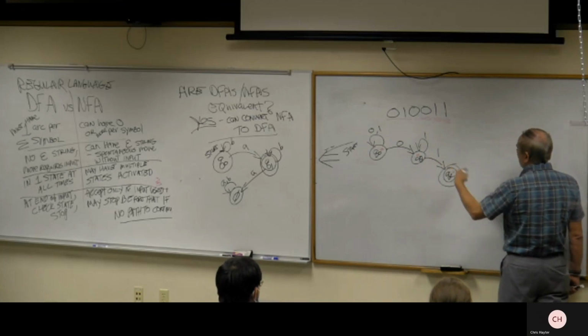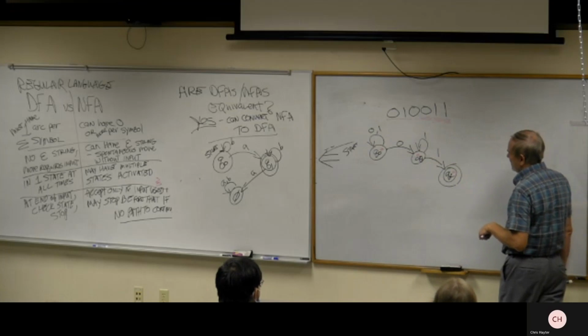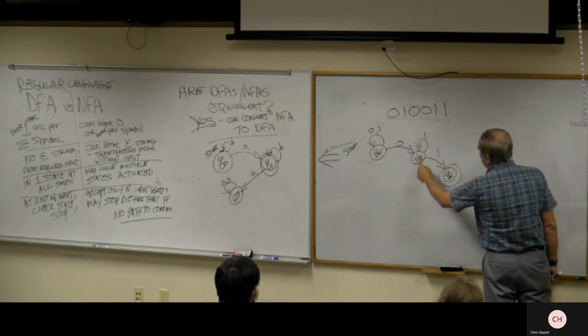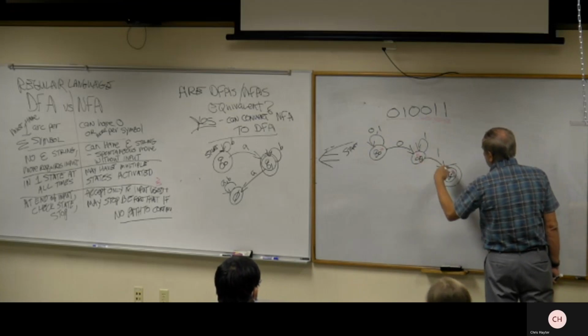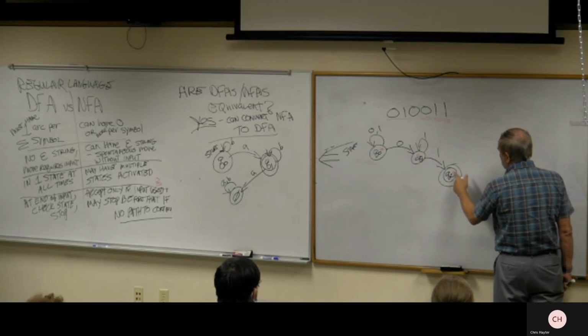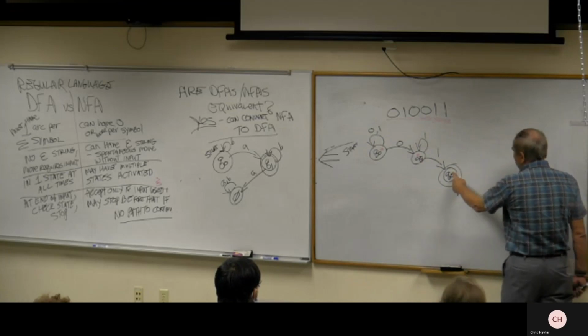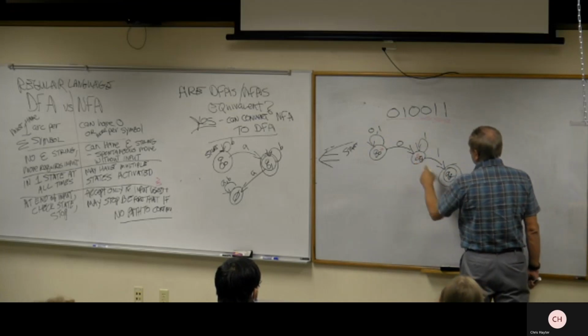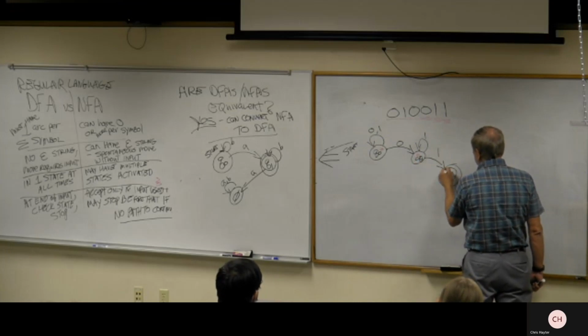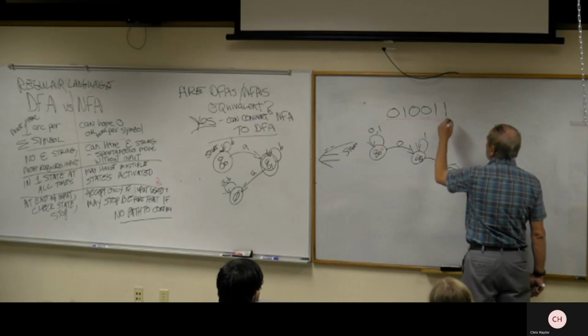So he would get turned off initially, and then when Q1 sees the 1, it can go there, activates itself, and also reactivates Q2. So we've gotten to the last of the input. Is this string accepted? Yeah, because one of the states that's active is Q2, and it's an accept state. And we used up all the input.